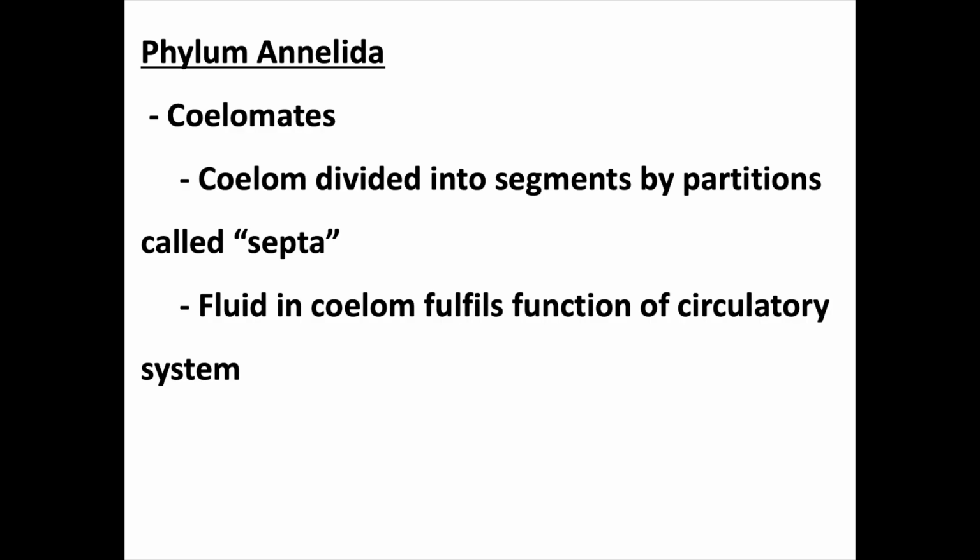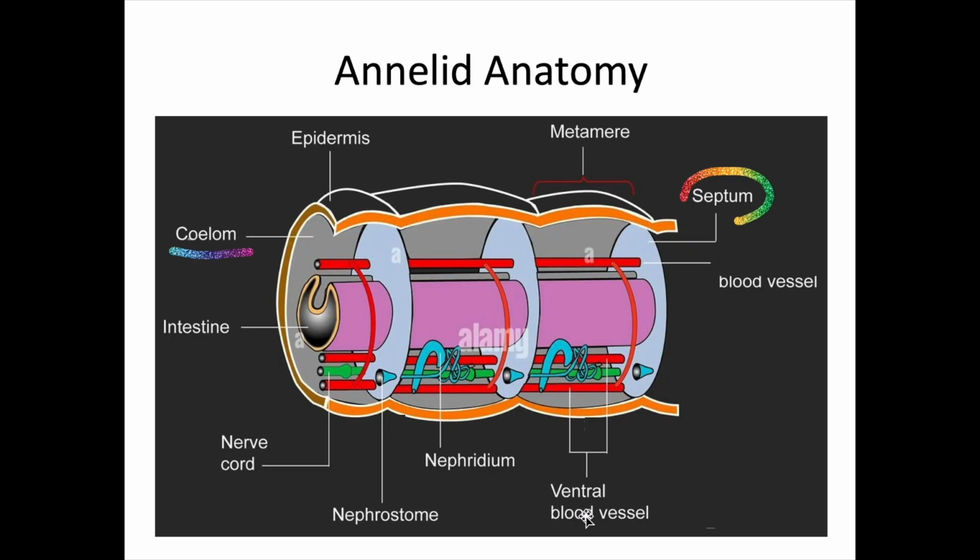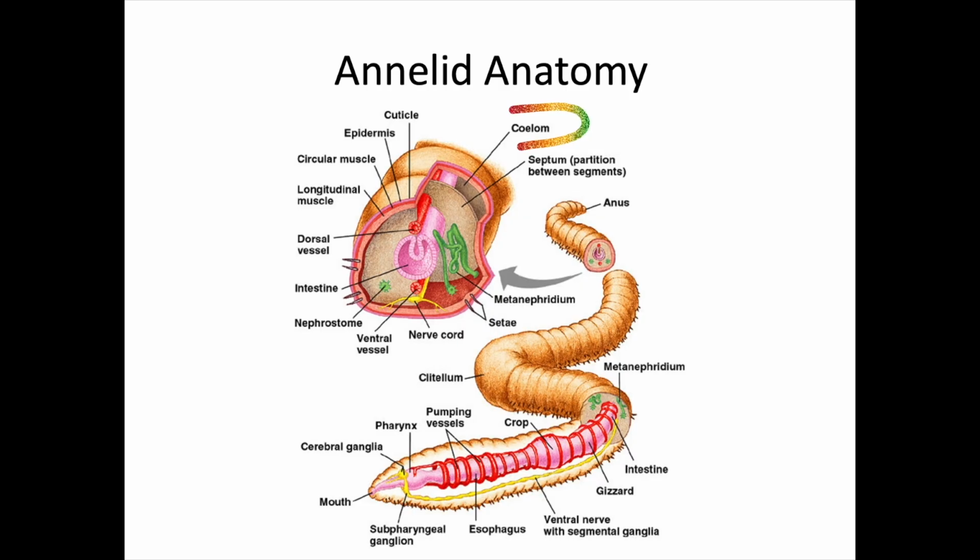But that's not all. You probably noticed here, ventral blood vessel. And these blood vessels running the length of the body. So yes, the coelom helps circulate stuff within each segment, but in addition to that, there's also a classic closed circulatory system that runs blood throughout the length of the worm.